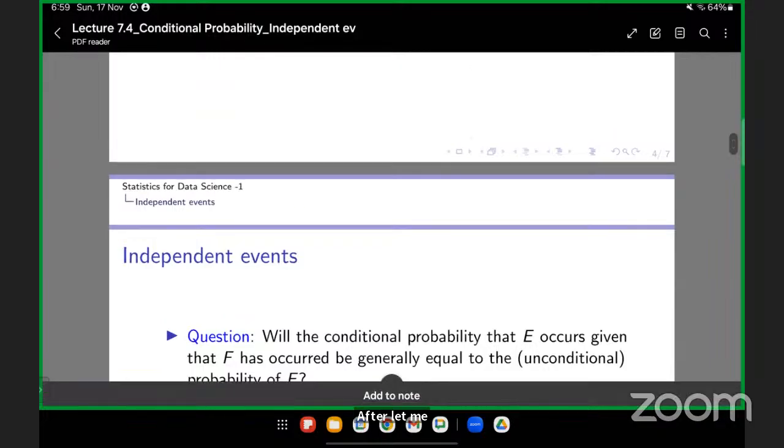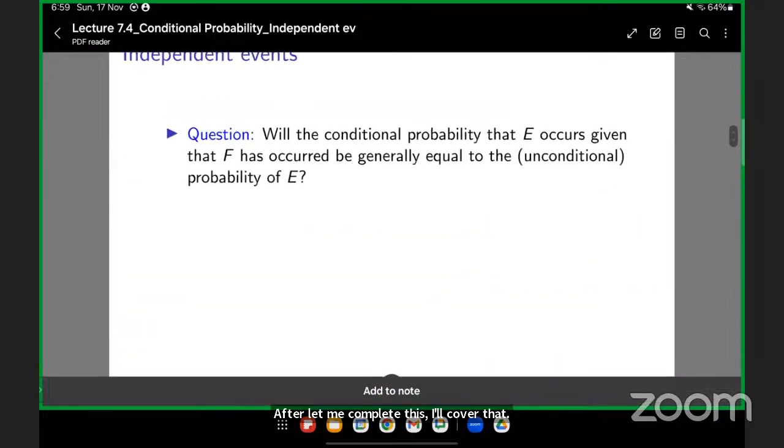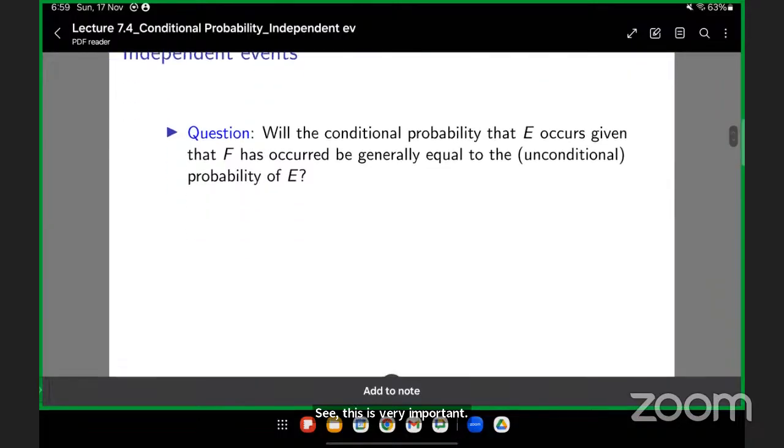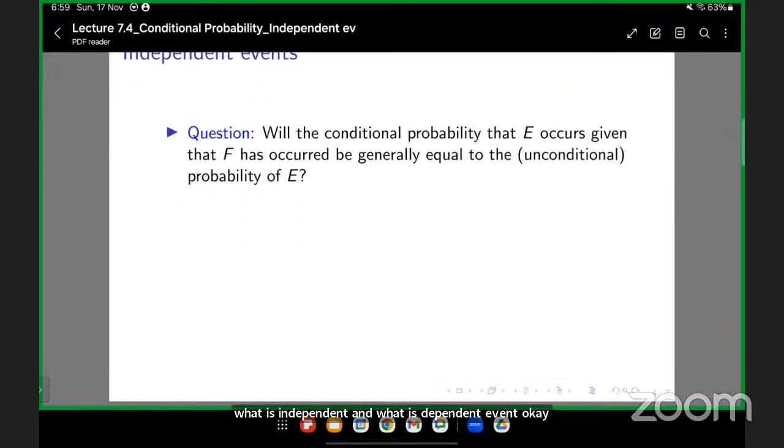Okay, so now see, this is very important. What is an independent and what is a dependent event? Because if you know this part, then most of the questions you can solve easily.